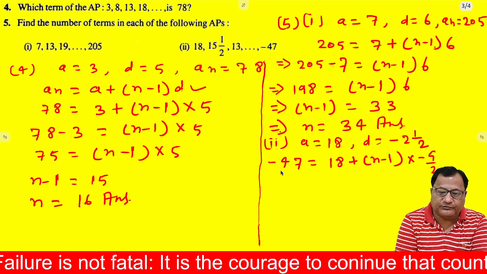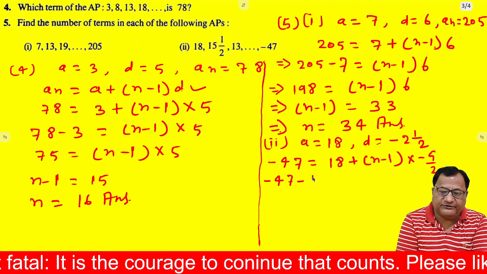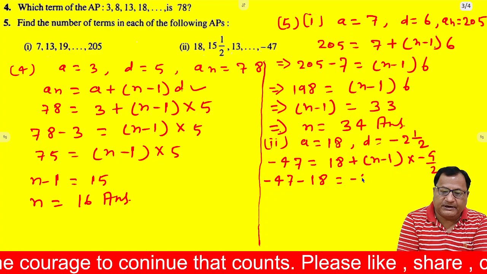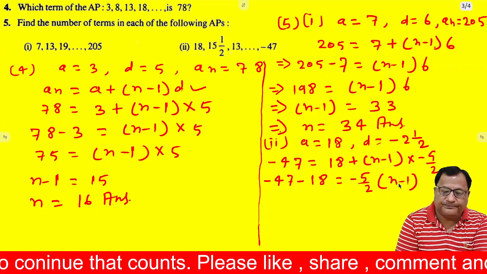This will come this side, so we subtract: minus 47 minus 18 is equal to minus 5 by 2 into n minus 1.